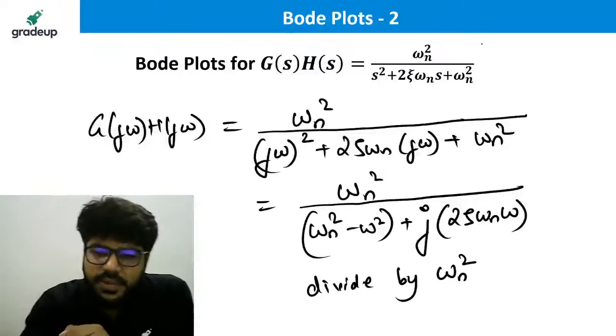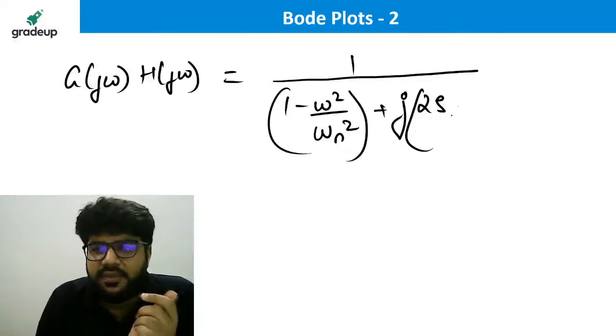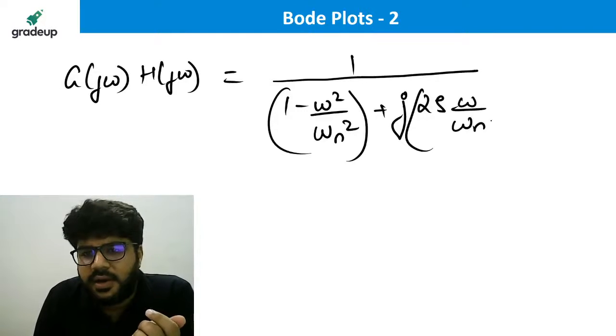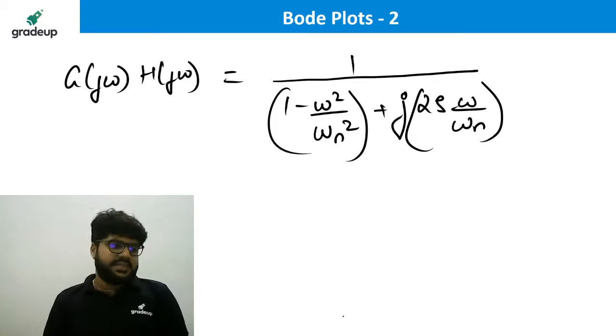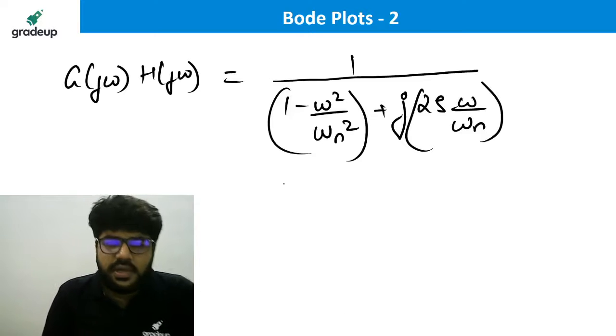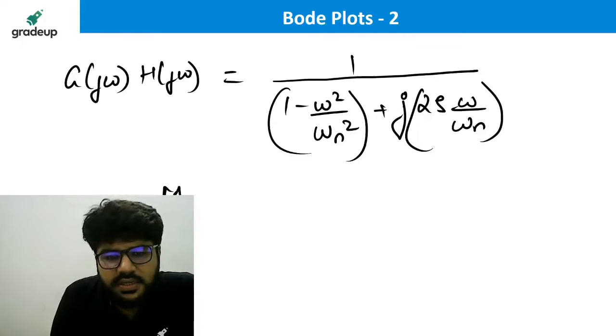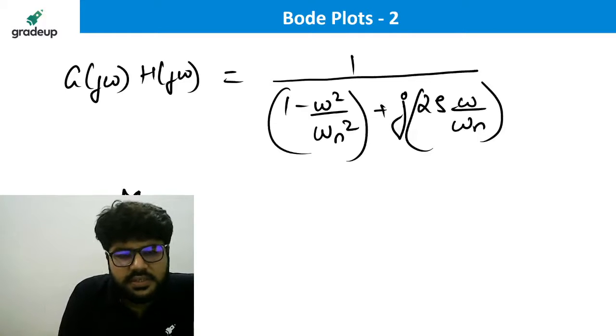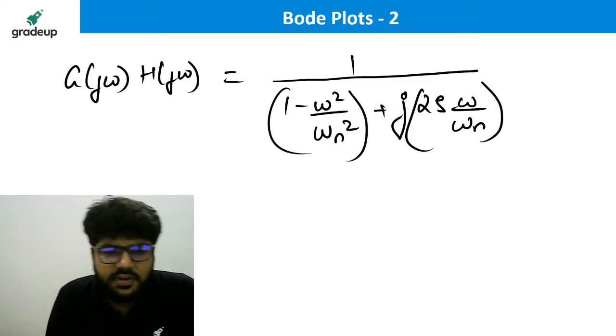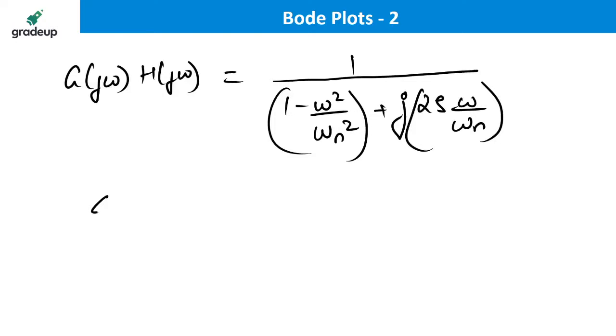Now dividing by omega n square, one of the omega n will cancel. I get omega by omega n. Omega upon omega n is coming together. So now guys, what is the magnitude of this? Okay, first let me write down what is the phase of this.